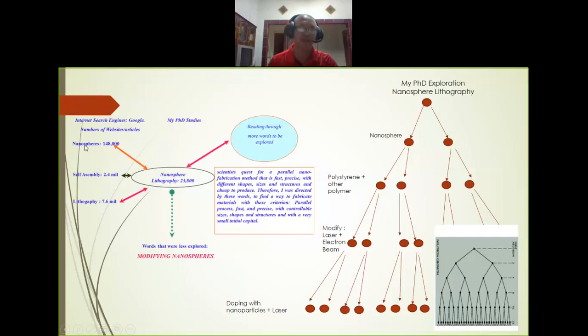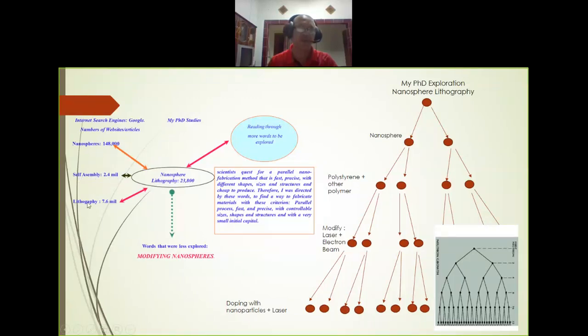So I just typed nanospheres into the Google search engine, and I found about 148,000 pages published about nanospheres. Then if I browse for self-assembly, I get about 2.4 million.